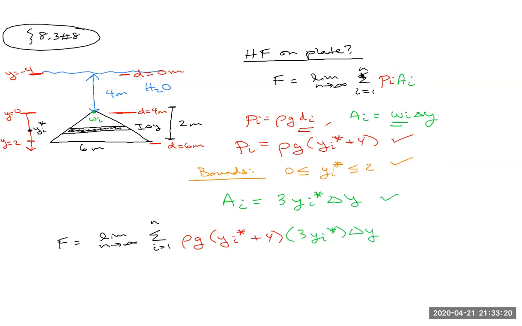That will turn into the integral from 0 to 2 of rho g y plus 4 times 3y dy.